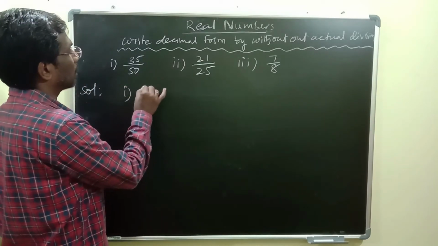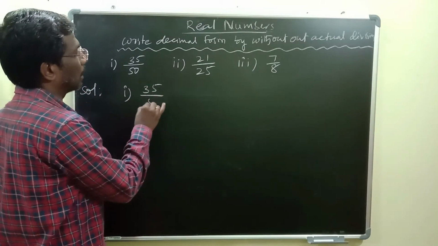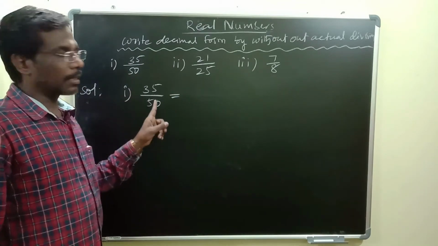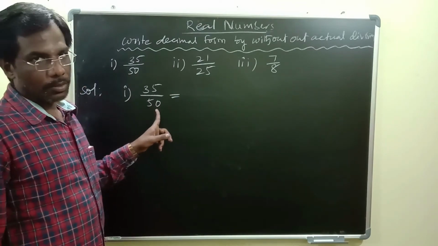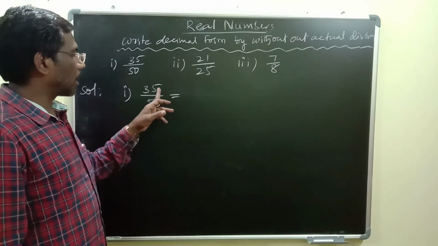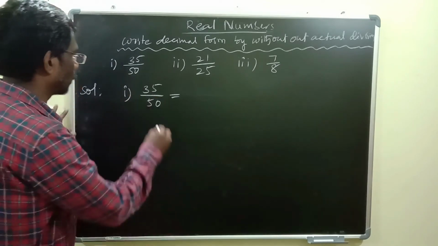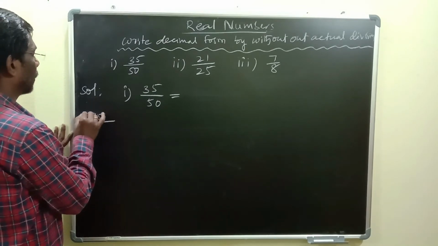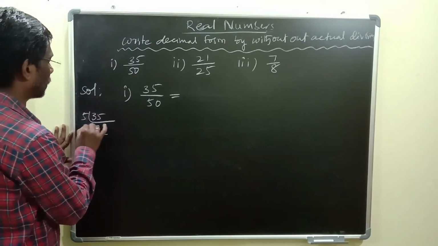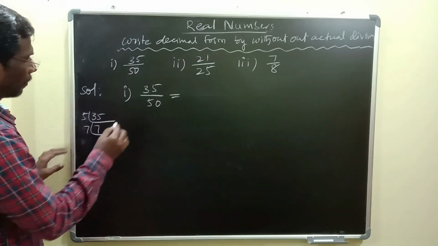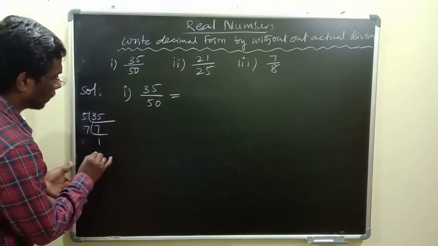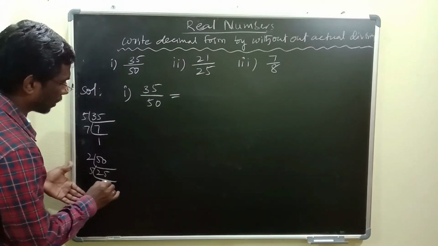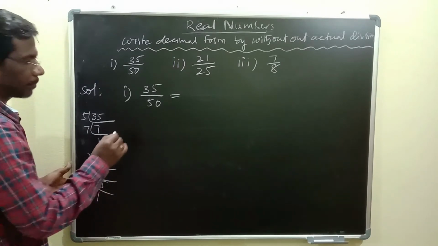The first question is 35 by 50. The numerator is 35 and the denominator is 50. So write the prime factors for 35 and 50. 35 can be written as 5 sevens are 35, and 7 ones are 7. For 50, 2 twenty-fives are 50, again 5 fives are 25, 5 ones are 5.